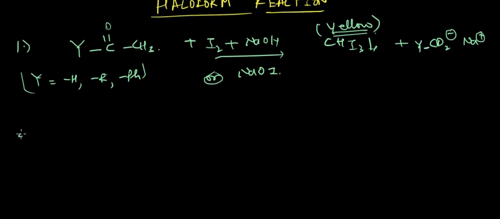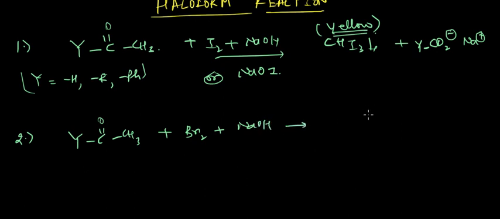We'll see the mechanism in a short while, but let me take some more examples on the same. If we react it with Br2 and NaOH, we'll be getting CHBr3 plus YCO2 minus Na plus.